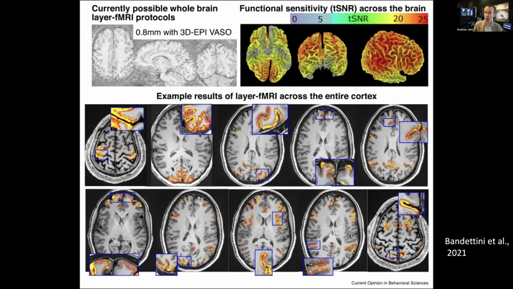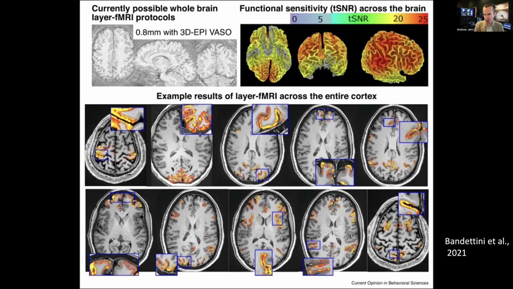But if you have sub-millimeter resolution, you don't have 2x2x2 or 3x3x3, you can start to look at individual layers. So what I'm proposing is that possibly, to try to get closer to the scale that Rick Betzel is talking about, layer fMRI may start to get in the direction of more biologically meaningful functional connections.